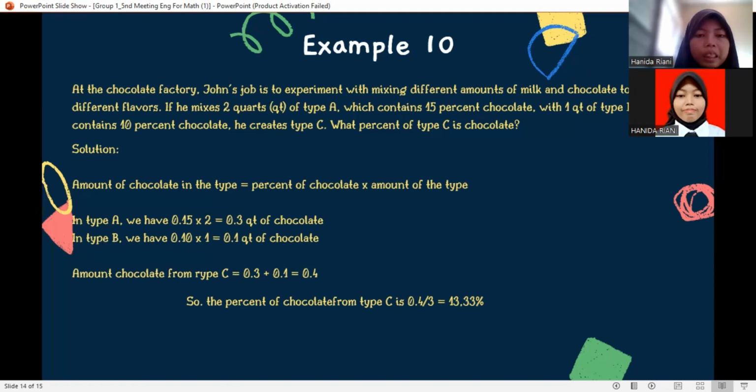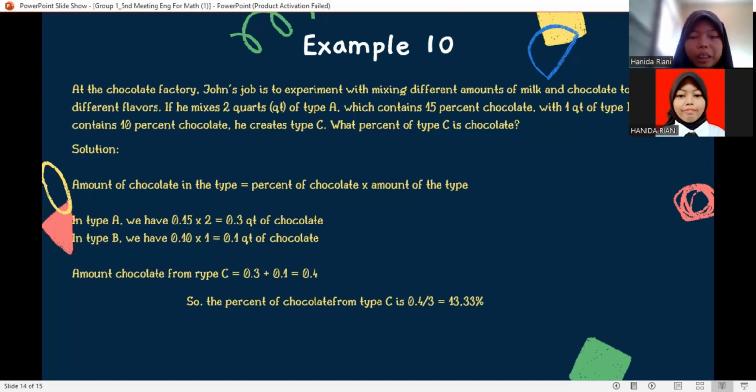Amount of chocolate from type C, we know, is from chocolate in type A plus chocolate in type B, and he creates type C. So 0.3 plus 0.1 equals 0.4.